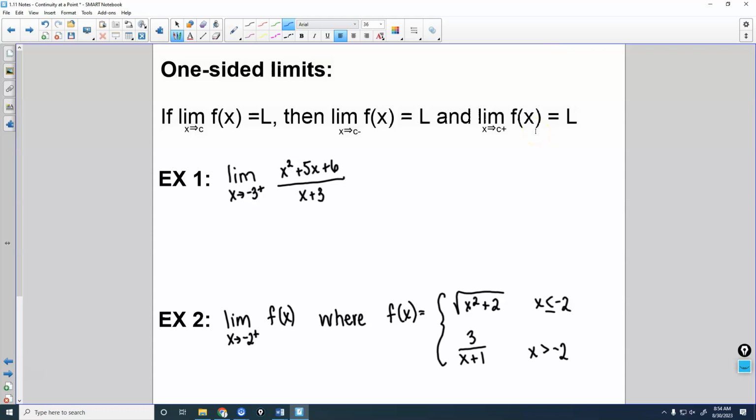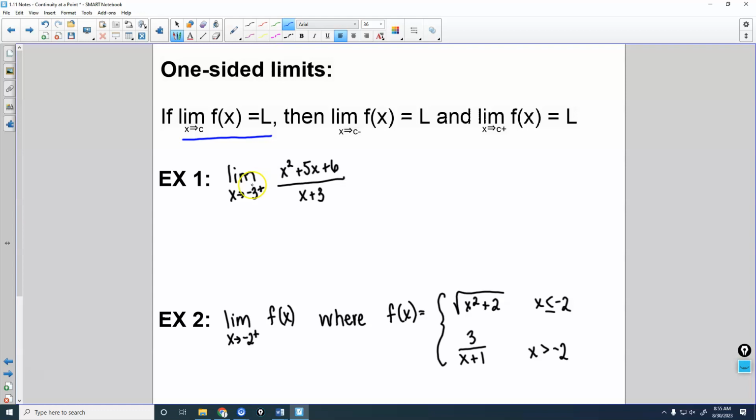We did this the other way around when looking at graphs: we'd find the limit from the left and the limit from the right, and if they matched, then the limit from both sides was the same. Well, it's true the other way too: if you already know the limit from both sides equals a value, then the limit from the left and the limit from the right are going to be the same.